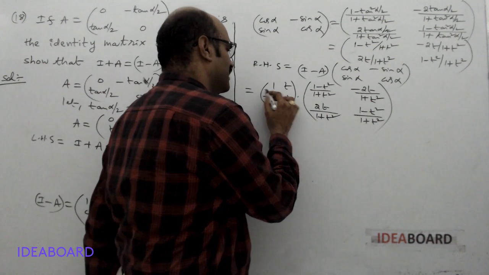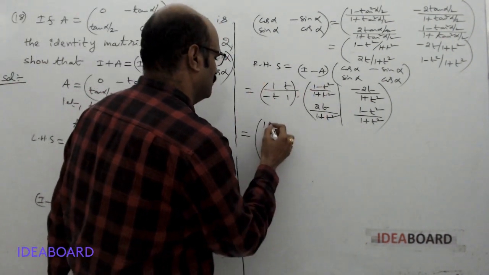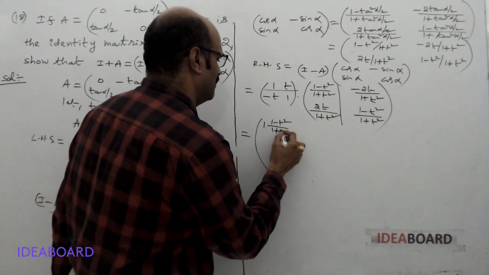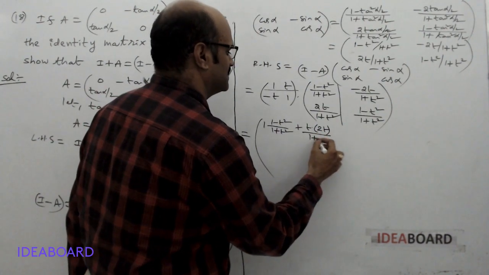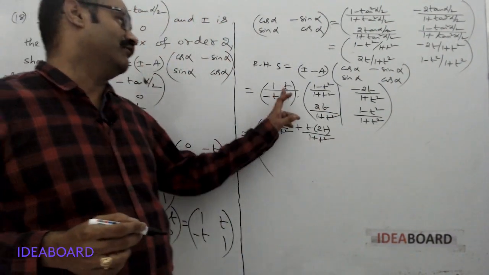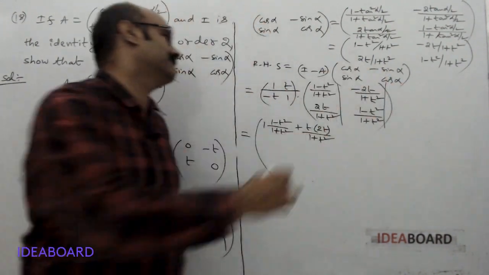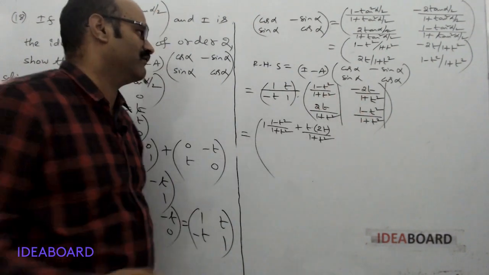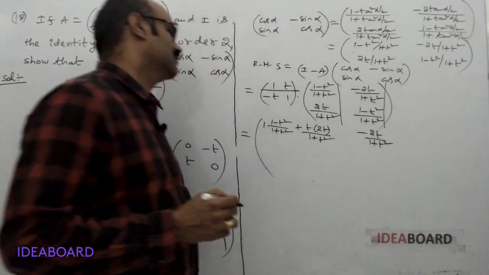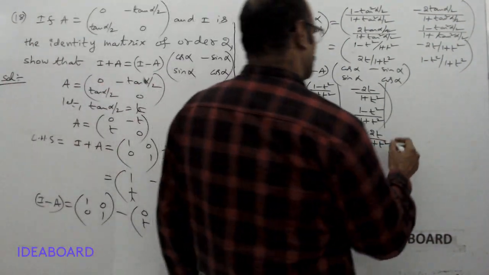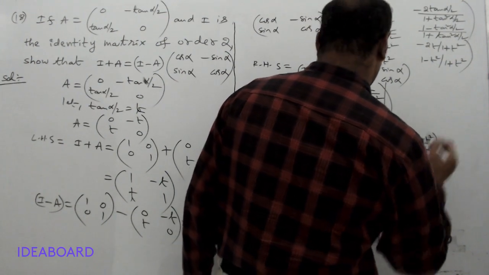While multiplying, we take first row and first column. So it implies 1 into 1 minus t square by 1 plus t square plus t into 2t by 1 plus t square. Now first row with the second column: minus 2t by 1 plus t square plus t into 1 minus t square by 1 plus t square.